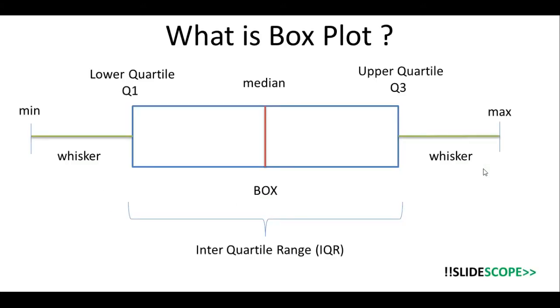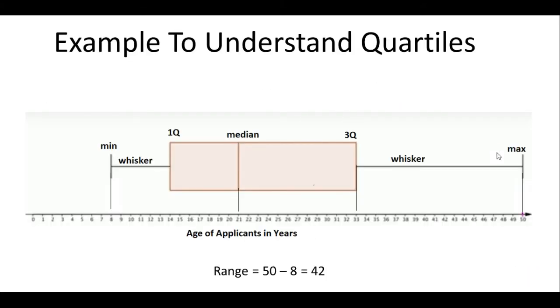In the standard case, whiskers have equal values. So what it means is we have a maximum age of 50, but the average age of applicants is 21, and that's why this median is shifted, right?